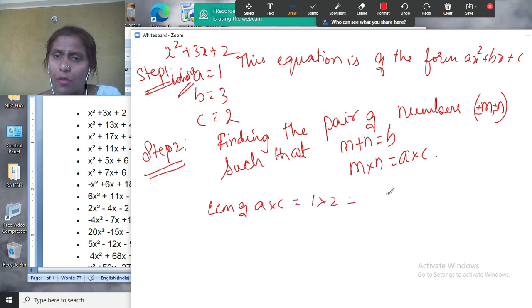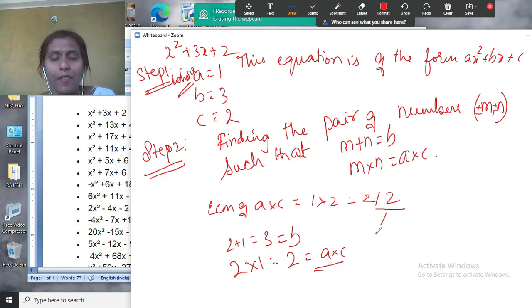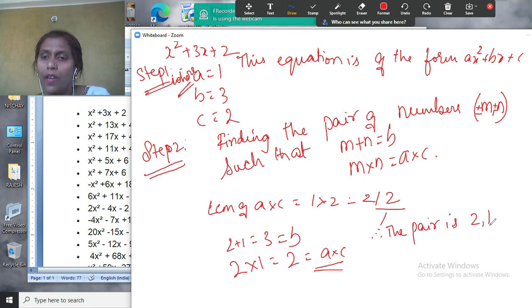Now find out the factors. 2 ones are. So now 2 plus 1 is equal to 3, which is equal to b. 2 into 1 is equal to 2, which is equal to a into c. Done. So if that is the case, therefore the pair is 2, 1, meaning m, n is equal to 2, 1.